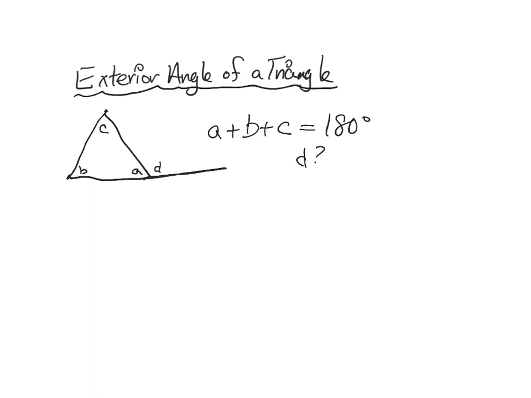So, if we knew that we had a triangle that, for example, this angle B was 75 and C was 30, and we were looking for A, we would say that A equals 180 minus (30 plus 75).